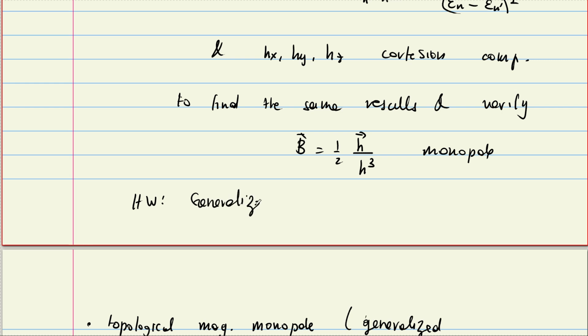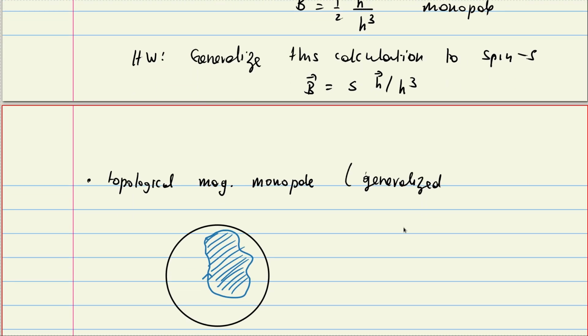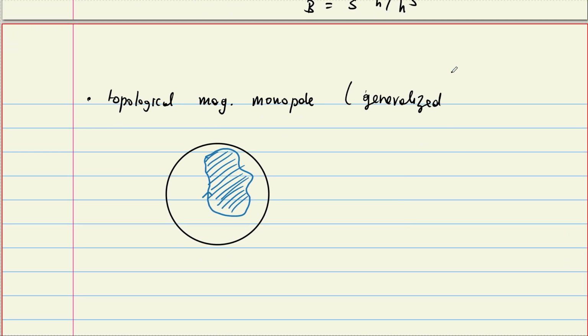Generalize this calculation to spin S rather than spin a half, and what you are going to find, for example, is this: B is going to be S times h over h cubed. But now I will use it. It's not very essential to derive it. Generalized to S.